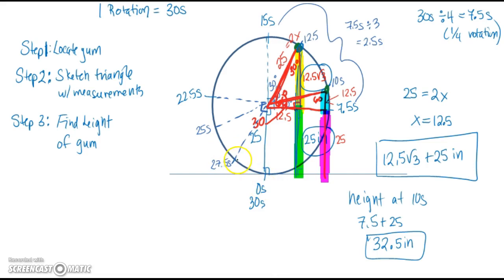So at 27.5 seconds, here's our goal. We want to find that green height. And in order to do that, we need to introduce our triangle. We did step 1, we located the gum. Step 2, let's sketch the triangle with our measurements. The radius of the circle is the hypotenuse of the triangle. And the question is, where does our 30 go and where does our 60 go?